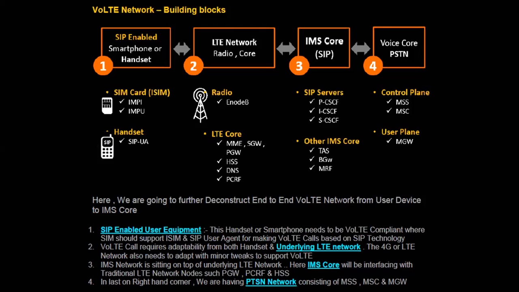We will learn what kind of information IMS requires in an upcoming slide. Lastly, in the right hand corner, we have the PSTN network consisting of MSS, MSC and M gateway. This is used only when you dial a landline call; that time only this fourth thing comes into the picture.